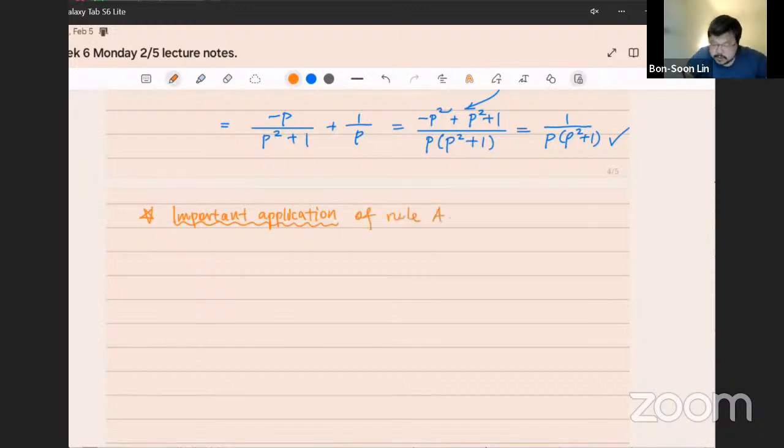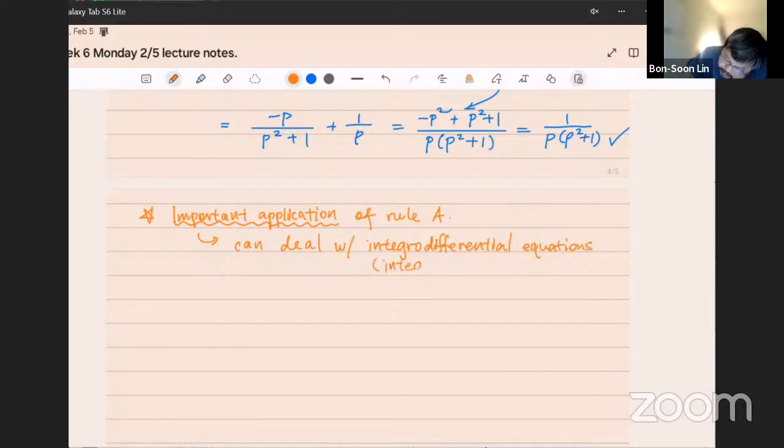It can be used to deal with something called integral differential equations. Let me explain what this is. Sometimes people write integral differential equations, or sometimes for short, it's just integral equations.